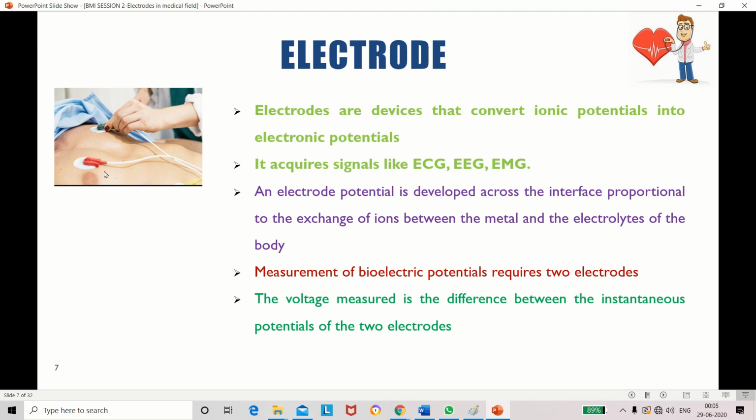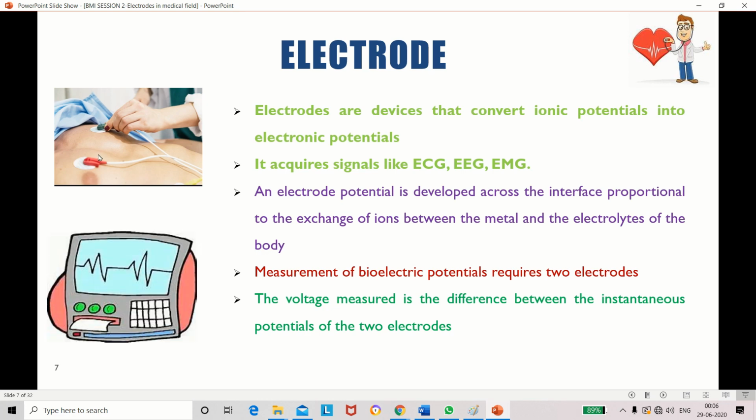Now, we have to measure the potential across this. The body is fully filled with fluid. That fluid is called an electrolytic solution. Across this solution and electrode, the potential is generated. So, we are measuring this potential using these two electrodes and displaying it in the display unit.